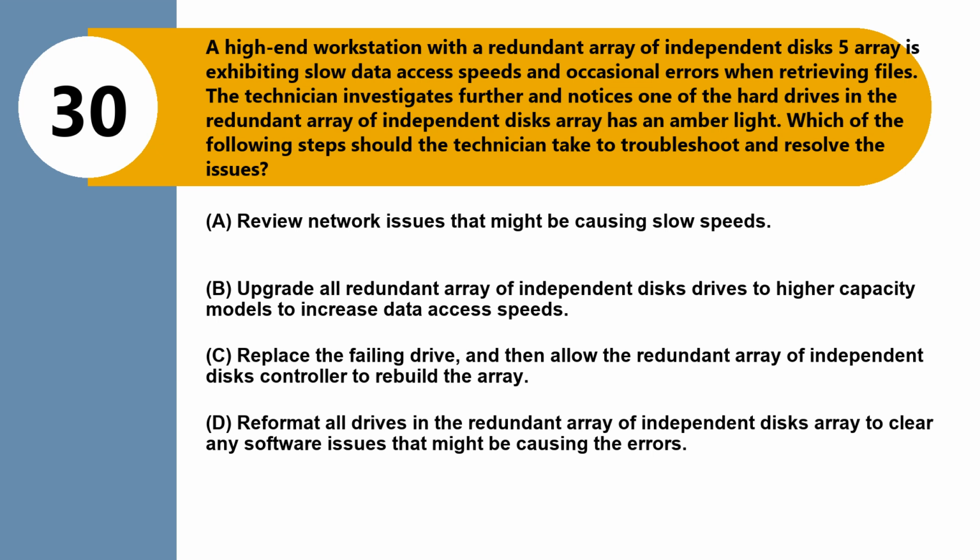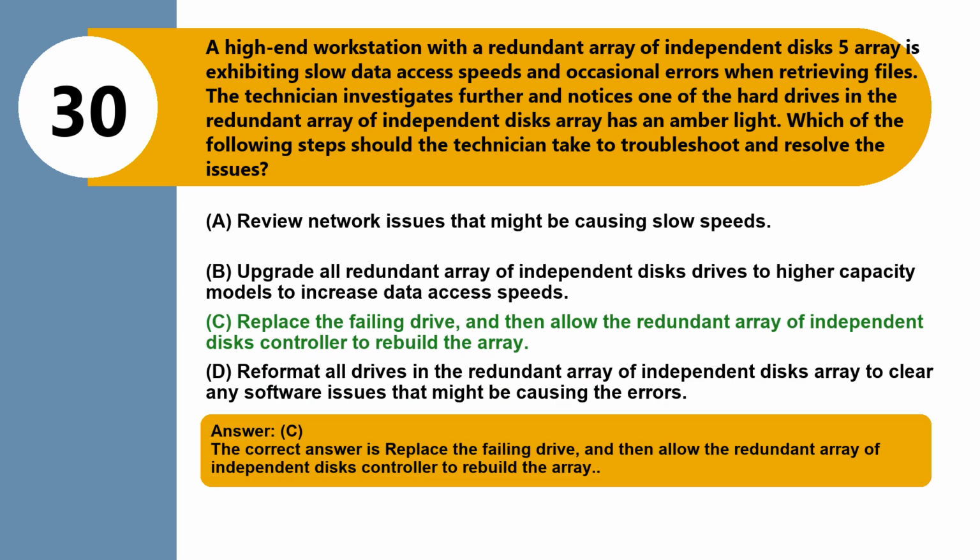Option B, upgrade all redundant array of independent disks drives to higher capacity models to increase data access speeds. Option C, replace the failing drive, and then allow the redundant array of independent disks controller to rebuild the array. Option D, reformat all drives in the redundant array of independent disks array to clear any software issues that might be causing the errors. The correct answer is option C. Replace the failing drive, and then allow the redundant array of independent disks controller to rebuild the array.